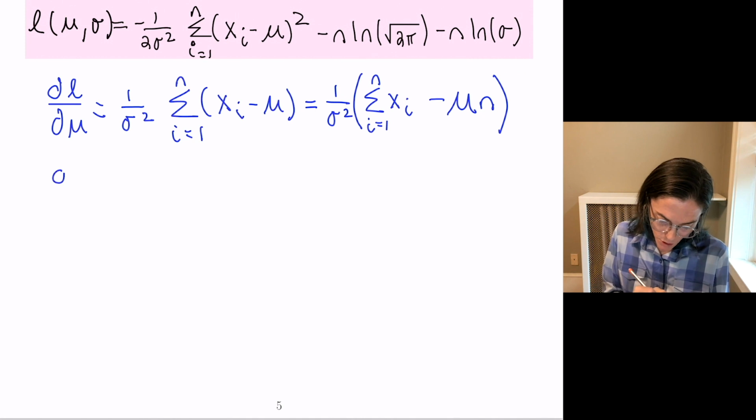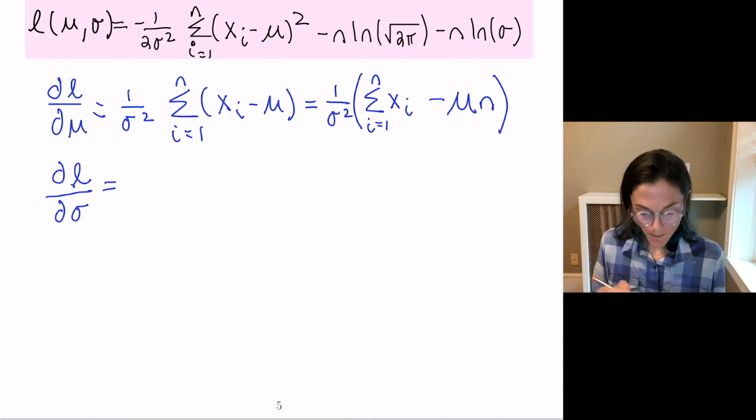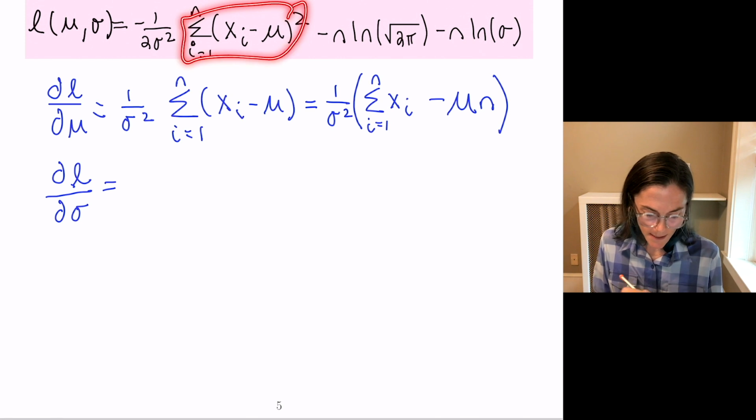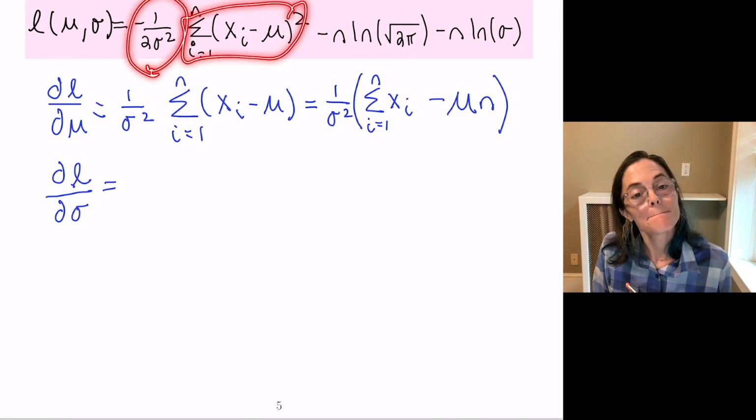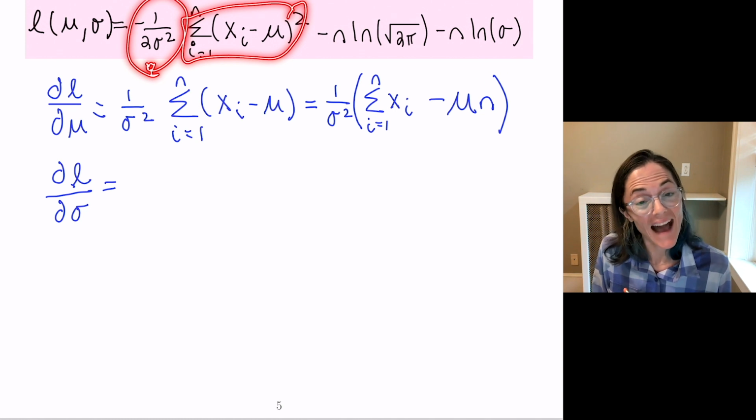Now, take the partial derivative of L with respect to sigma. Here we have sigma in multiple terms. So now this part is a constant. When I differentiate minus 1 over 2 sigma to the minus 2, well, I'm going to bring down the power, to the power minus 1. It's just the power rule.